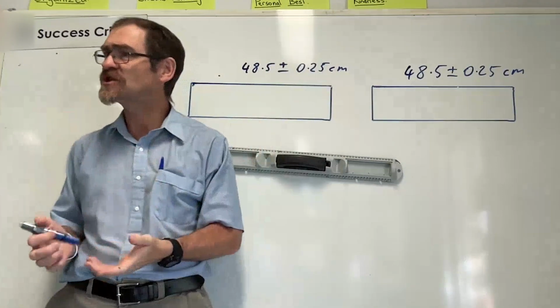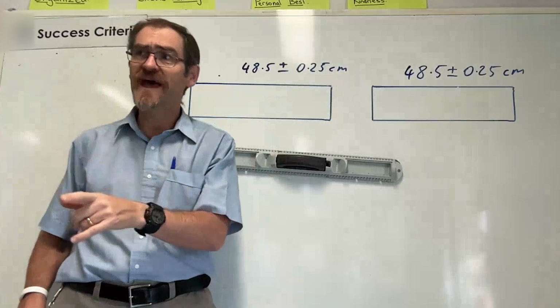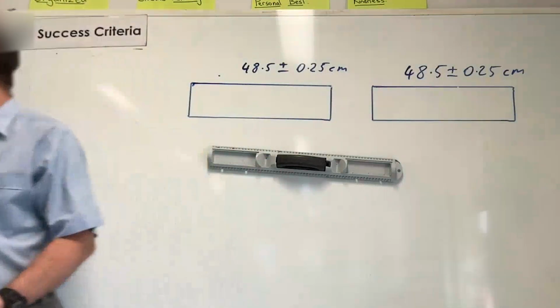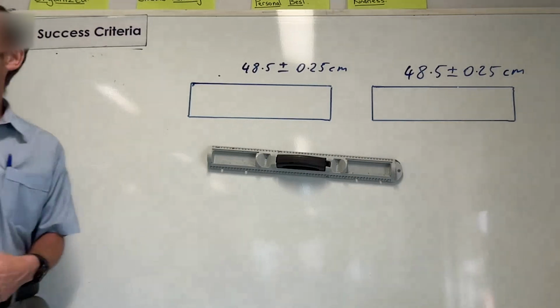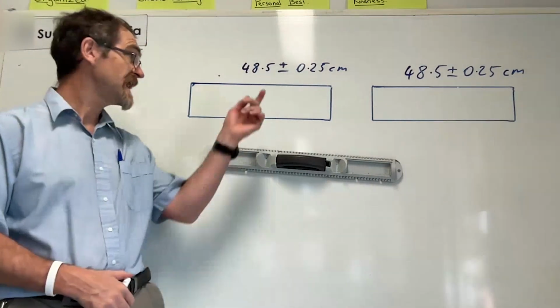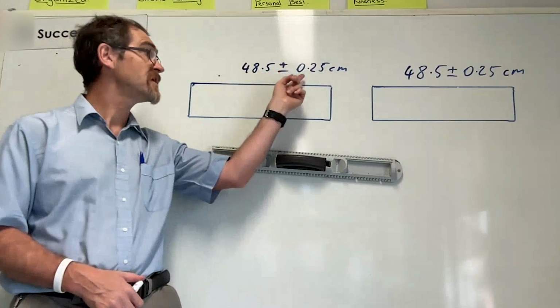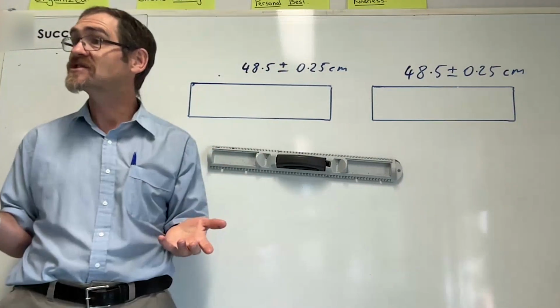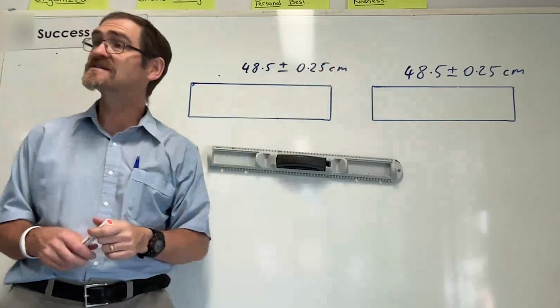That is a convention. You don't have to do that. You could say 48.5 centimeters plus or minus 2.5 millimeters. Yes, you could, but that's not what we do in convention. In convention, we represent it like this.